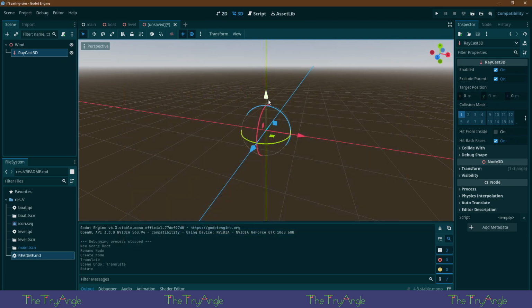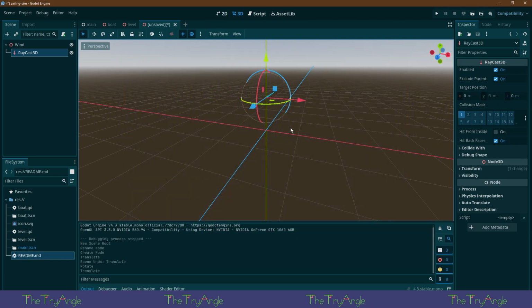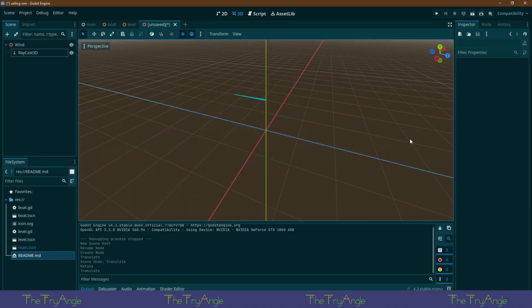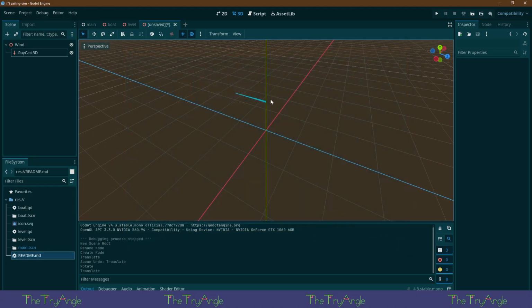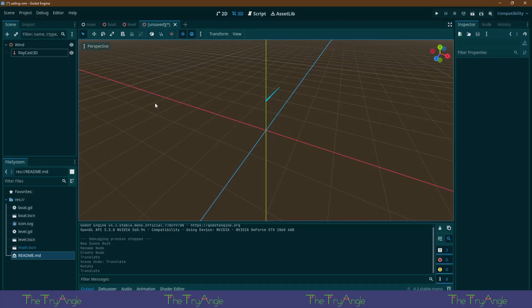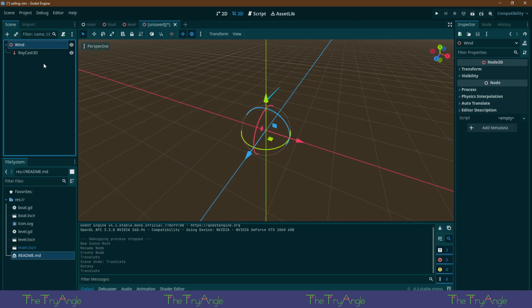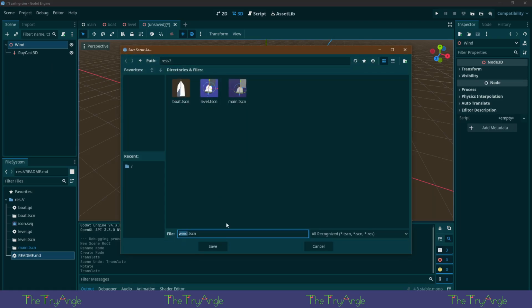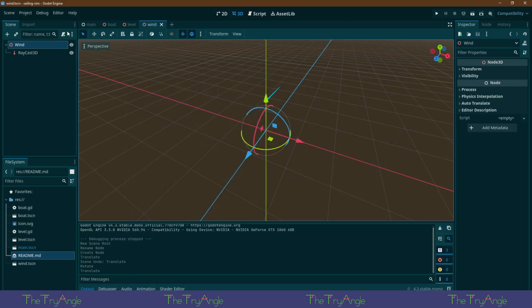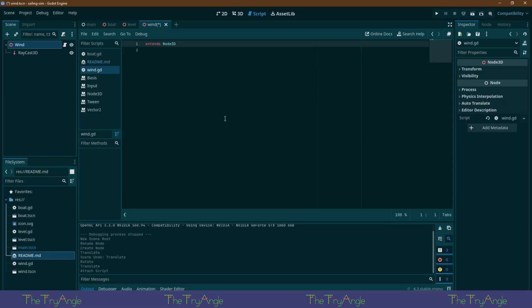Let's move up a little bit. Okay. Oh, right. It needs to save. No wonder it keeps bothering me with save details. I don't have time for that.